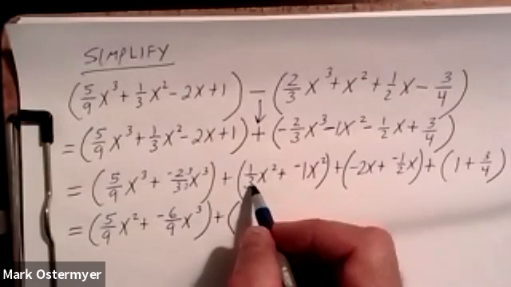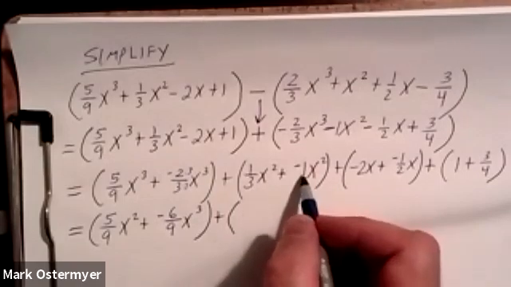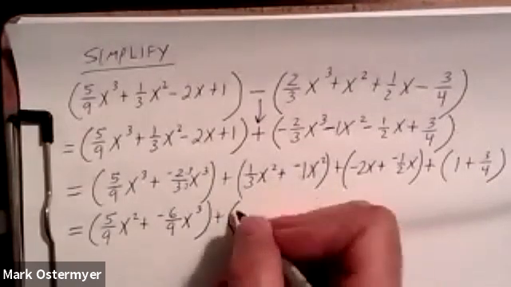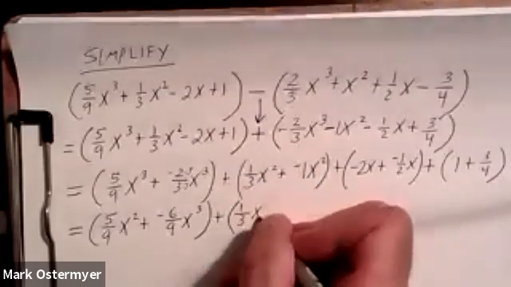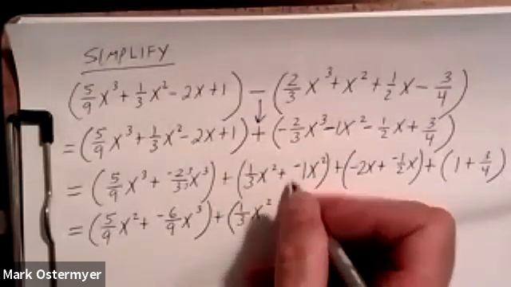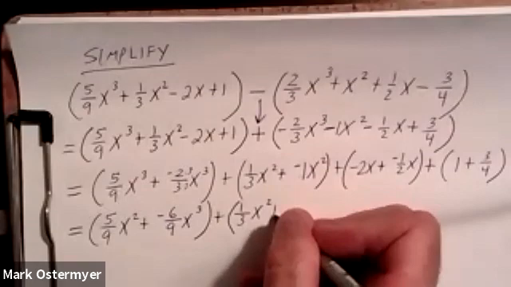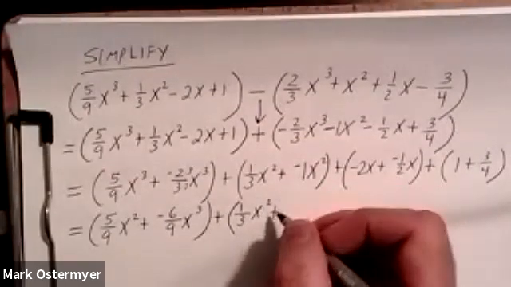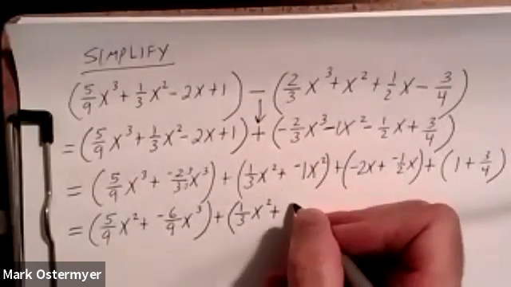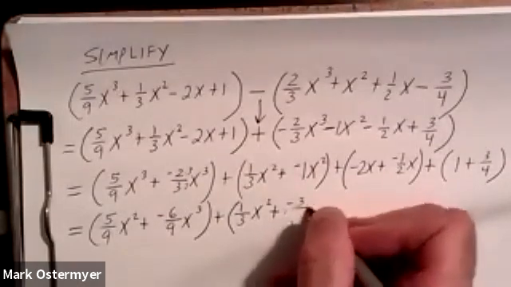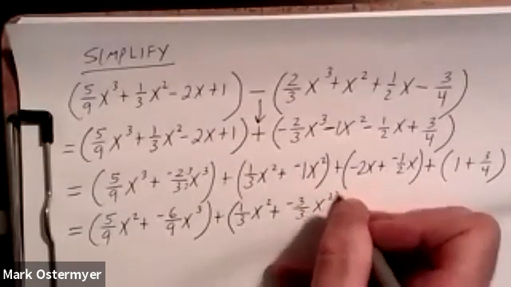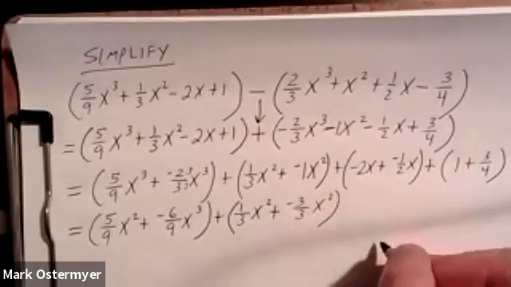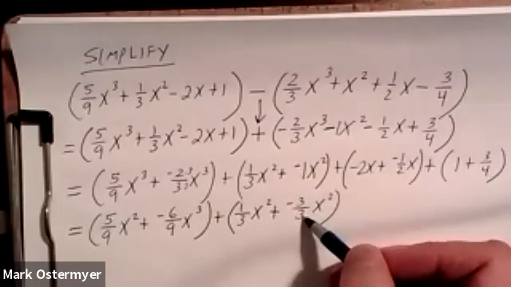Common denominator of 3 and 1, because this 1 sits over 1, is 3. So 1/3 x squared plus a negative 1x squared is the same thing as 1/3 x squared plus a negative 3/3 x squared. Negative 3/3, another name for negative 1.